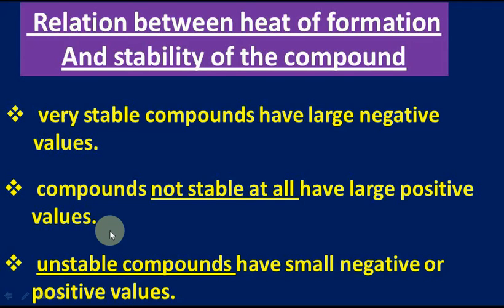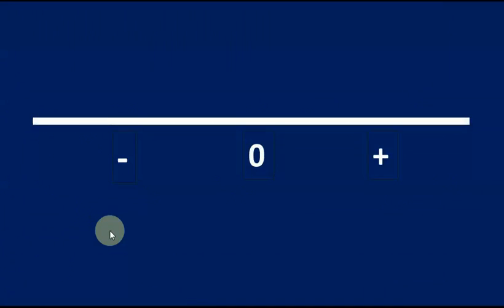I have three notes: very stable, large negative values; not stable at all, large positive values; and intermediate, small negative or small positive values. This scale gives you the summary of this relation: positive, zero, negative.